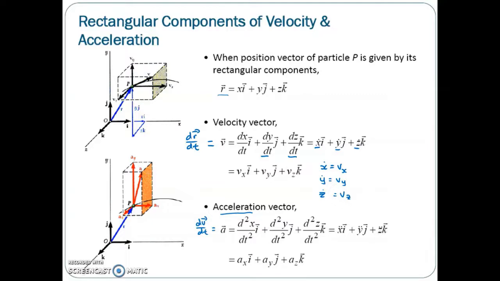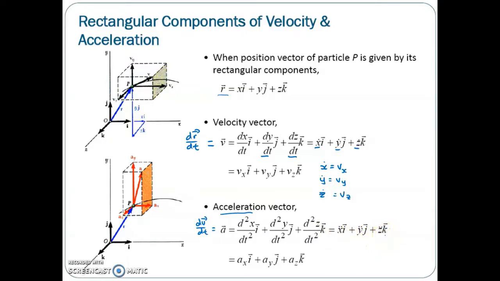So here it will become d²x/dt² i, d²y/dt² j, and d²z/dt² k. In other words, it is x double dot i plus y double dot j plus z double dot k.